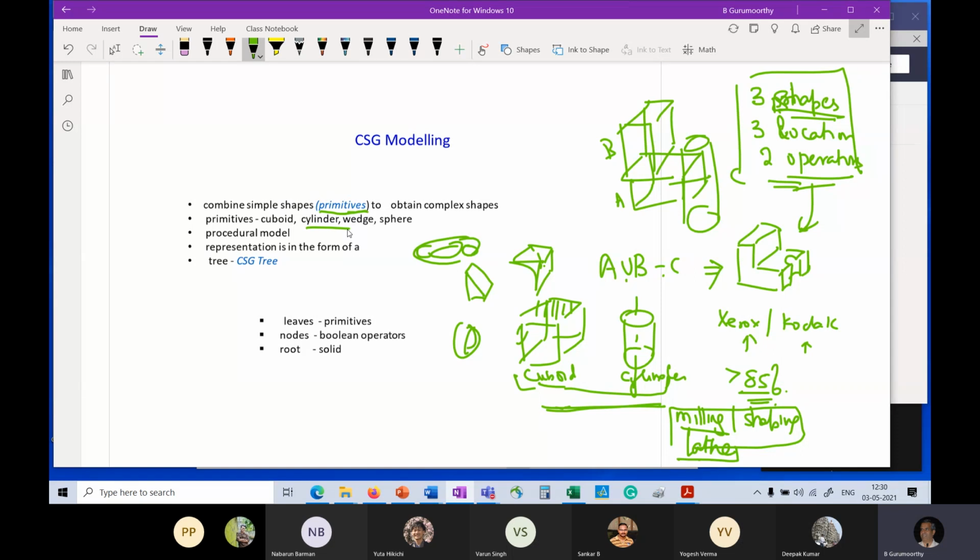Okay. Now, the main thing to keep in mind is that the model that you have created here, A union B minus C, this is my model.